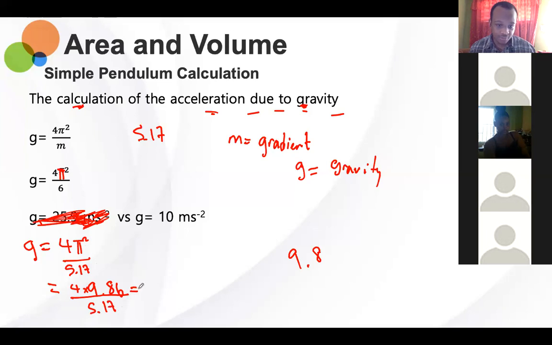If we times 4 times 9.86, we will get 39.4. And we divide this by 5.17.